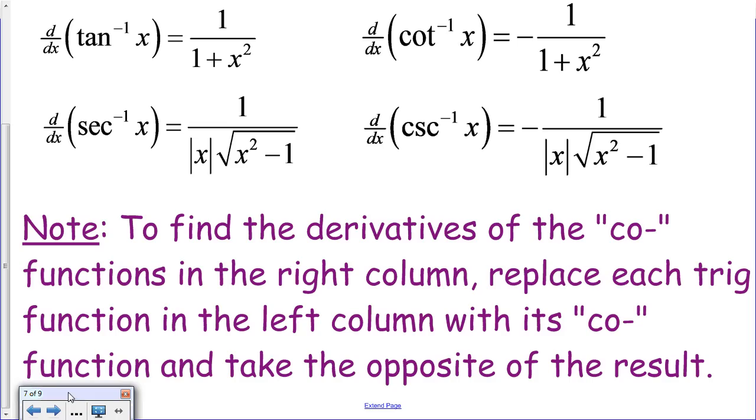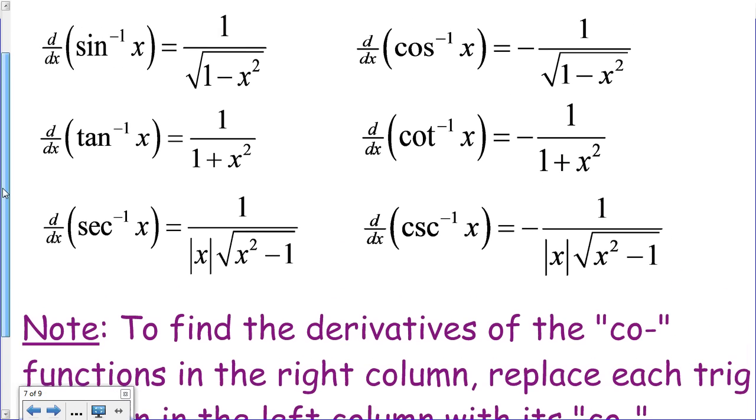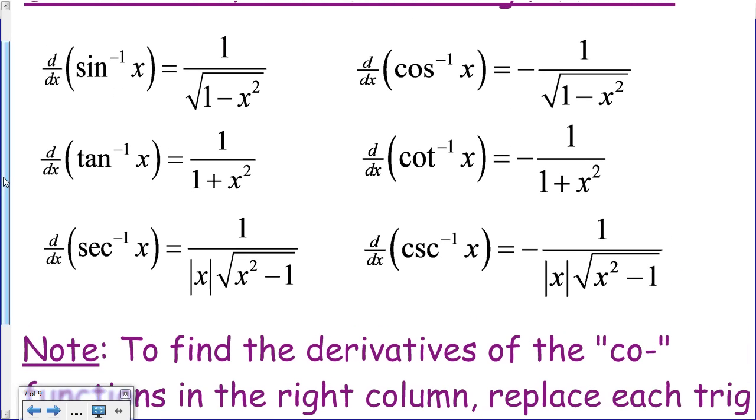That's the exact same method that we talked about to help you remember the derivatives of your 6 trig functions. So once I know 3 over here on the left, I can use that little tip to help me remember the other 3 over there on the right. Okay, all of your co-function derivatives are negative.